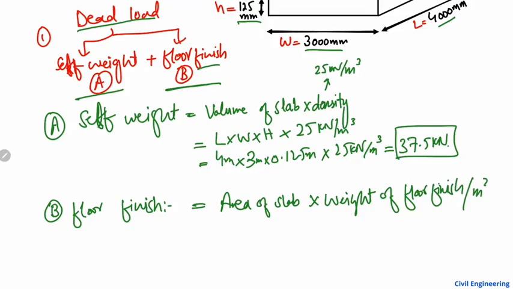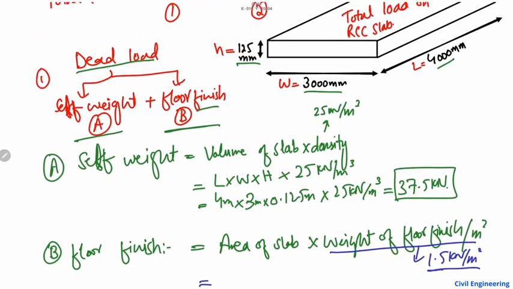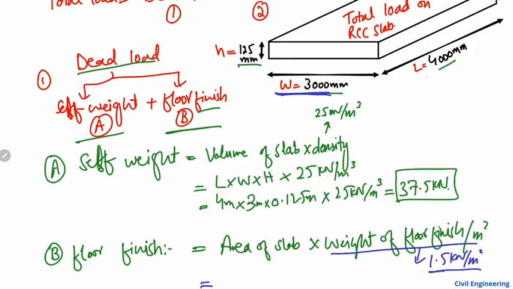Now keep in mind that the weight of the floor finish per square meter is a fixed value and it is usually in structure design taken as 1.5 kilonewton per square meter. It is the weight of the tile or some other material used in the floor. So this is the standard value. Now the area of the slab, we know that the length and the width of the slab is 4000 and 3000 millimeter.